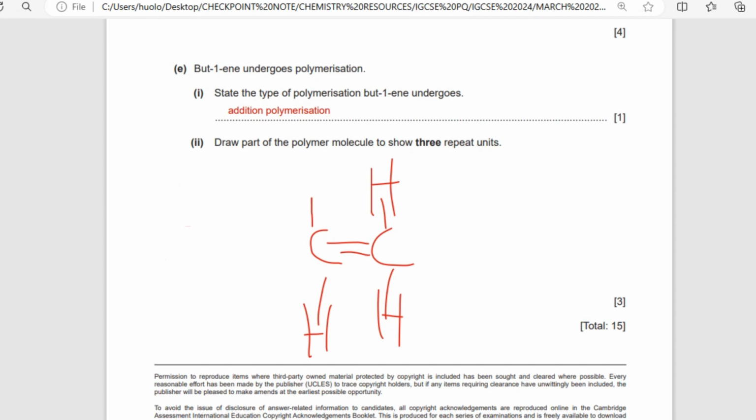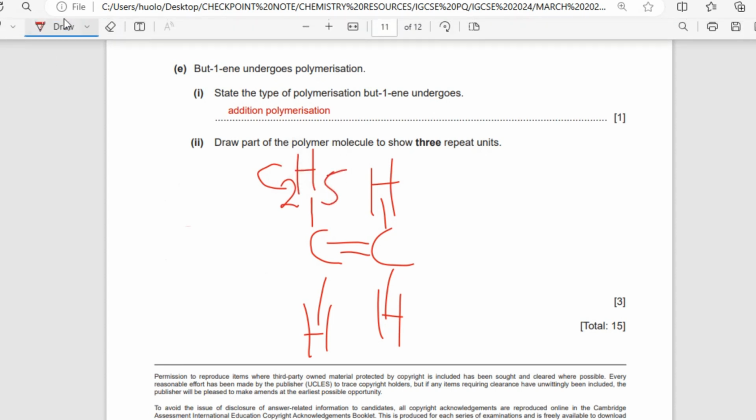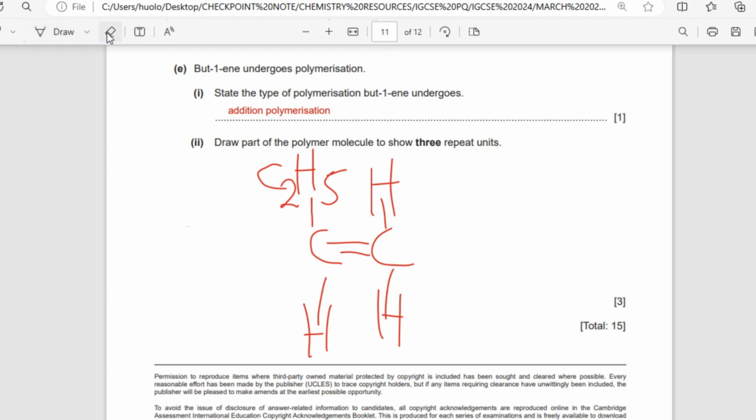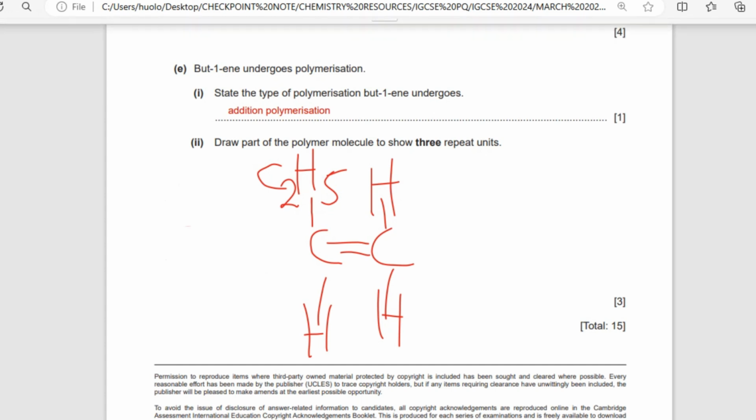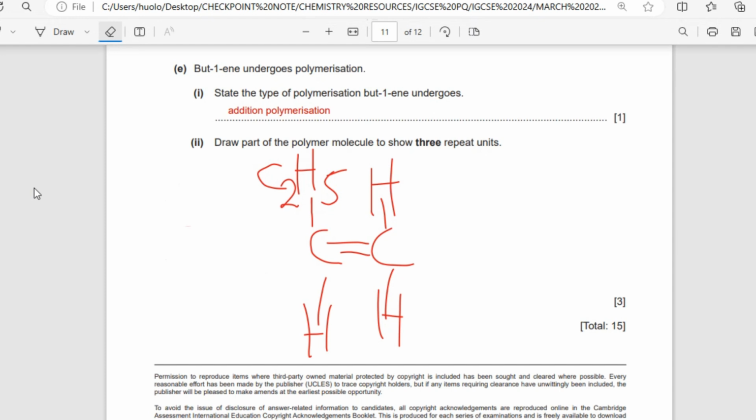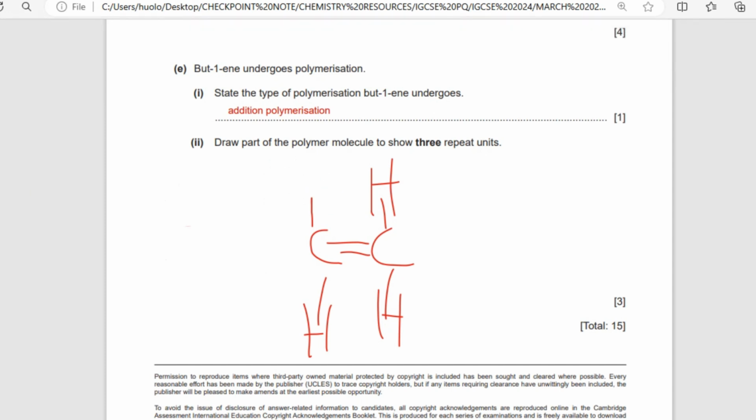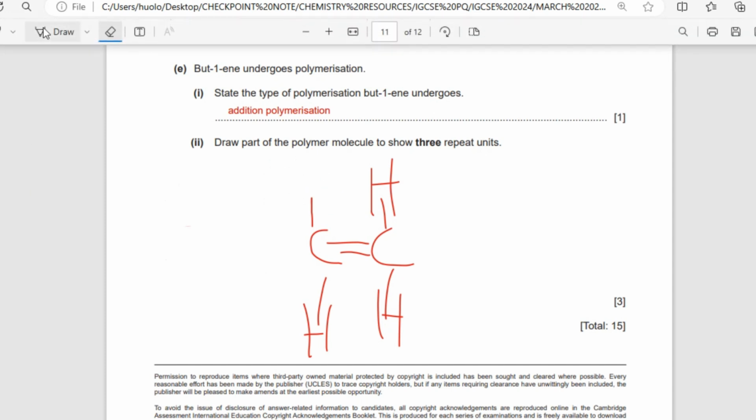So those ones that I have removed are C2H5. Okay, C2H5. To do it properly, you want to show that the bond is connected to carbon, not hydrogen.